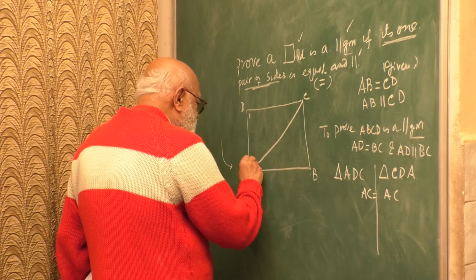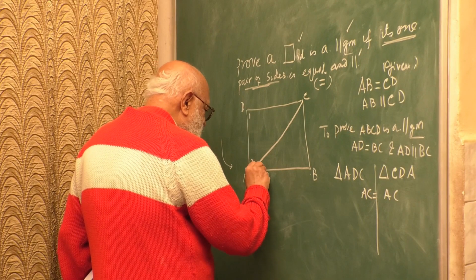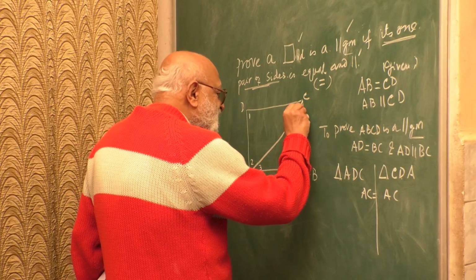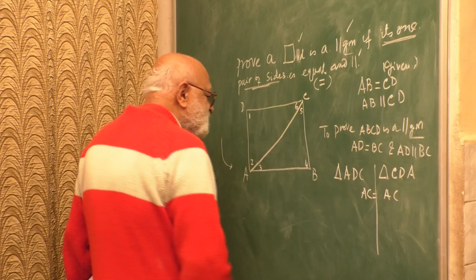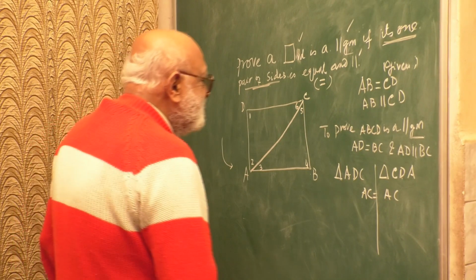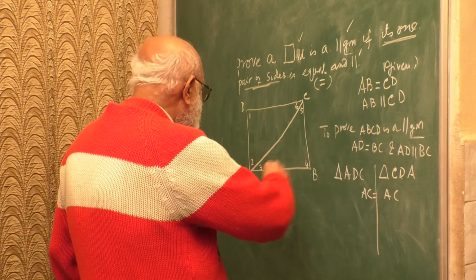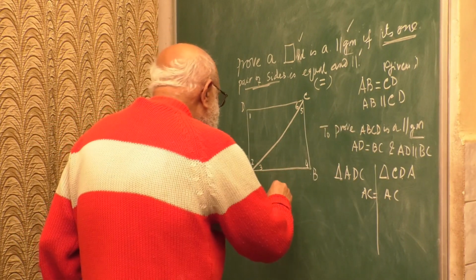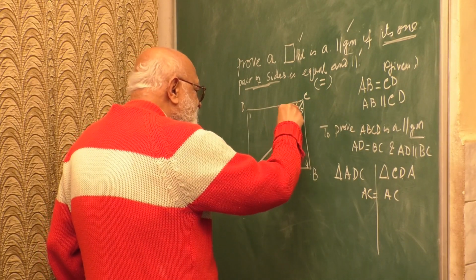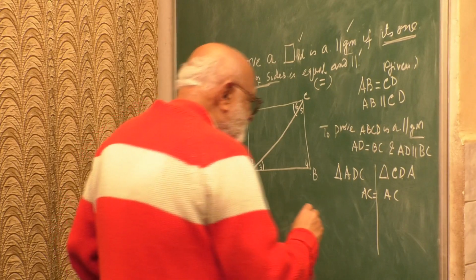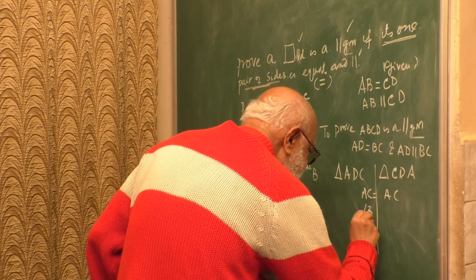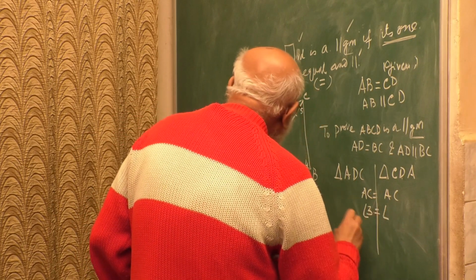1, I will go like that. 2, I go like that. 3, this is 4, this is 5, and this is 6. Okay, you can easily say, since given AB is parallel to CD, then this angle and this angle are equal. Then I can say angle 3 is equal to angle 6.